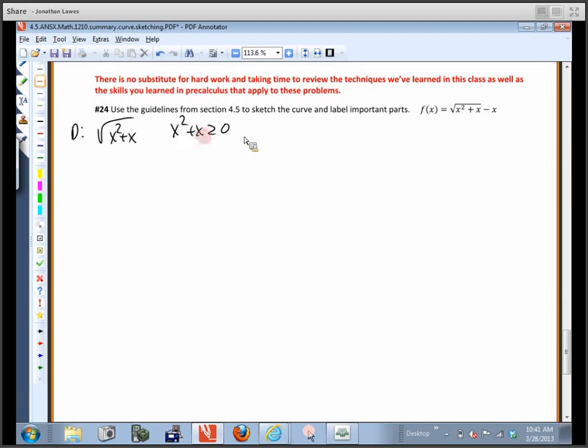The way I like to solve this is I'd factor this and say that has to be greater than or equal to 0. And then I recognize that this is a parabola. Crosses at 0 and 1 and it opens up. The only way this can be greater than or equal to 0 is if this parabola is above or on the x-axis.